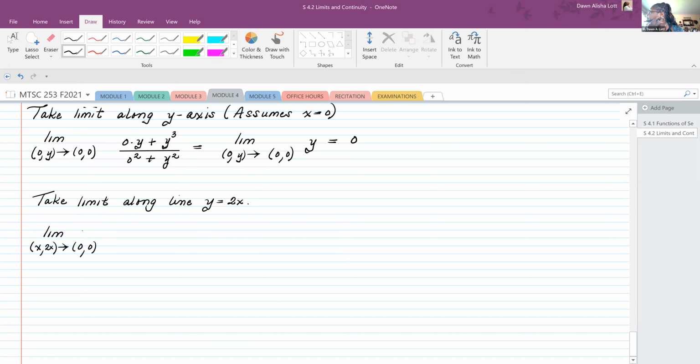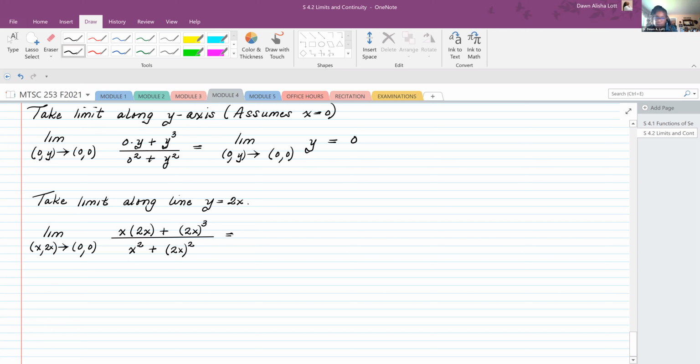Everywhere I have x, I'm going to leave it, and everywhere I have y, I'm going to put 2x. So I have x times 2x, and then I have 2x cubed, and then I have x squared plus 2x quantity squared.